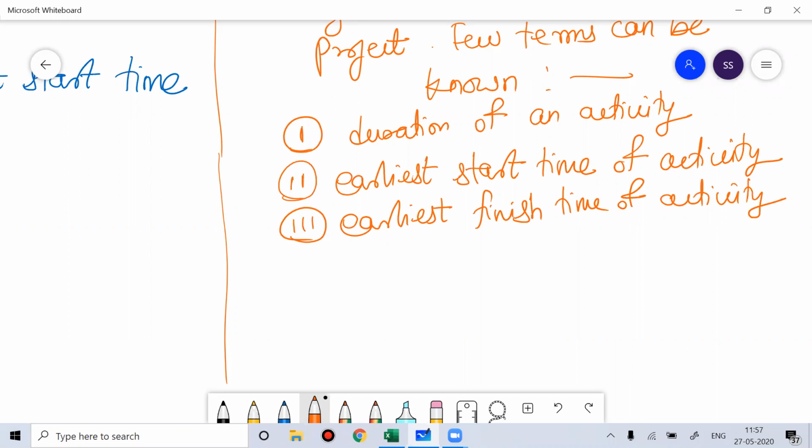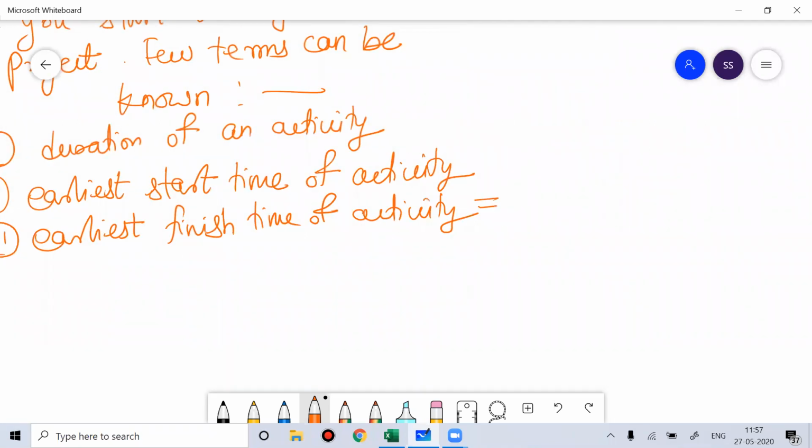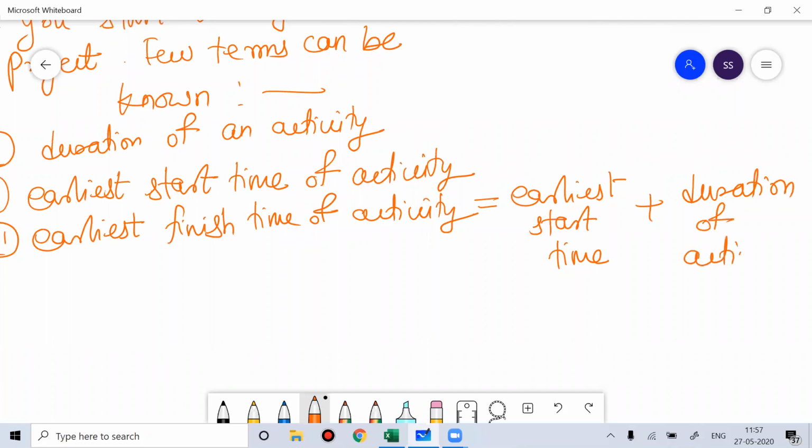So you know the duration of the project. Then the earliest start time of the project means how soon you can start the project. Then you can get the earliest finish time of the activity. The earliest finish time is the earliest start time of the activity plus the duration of the activity.